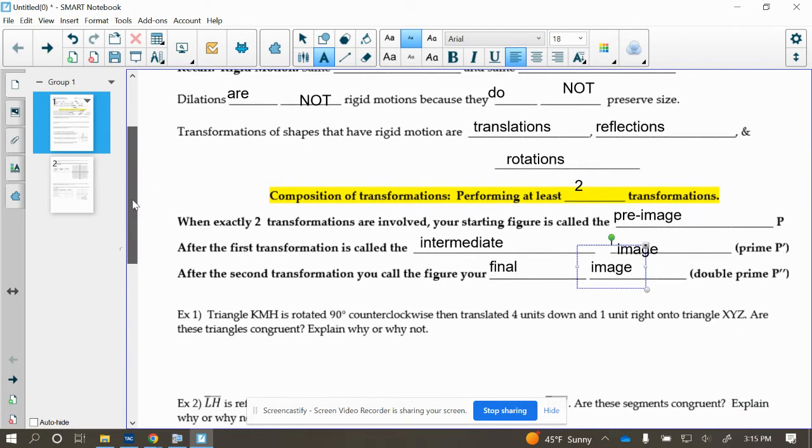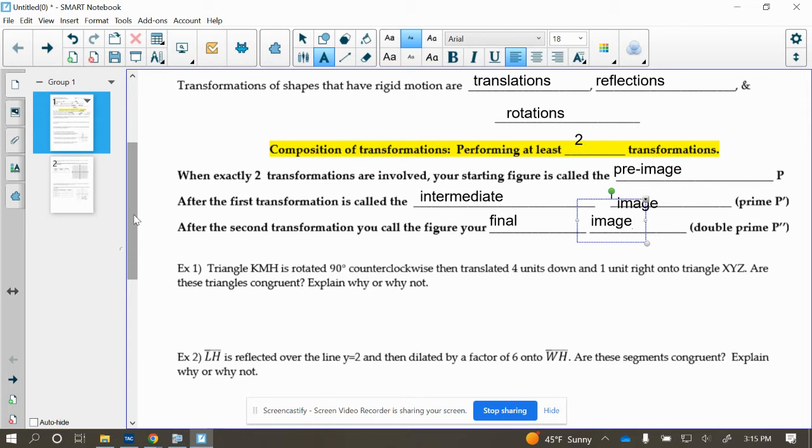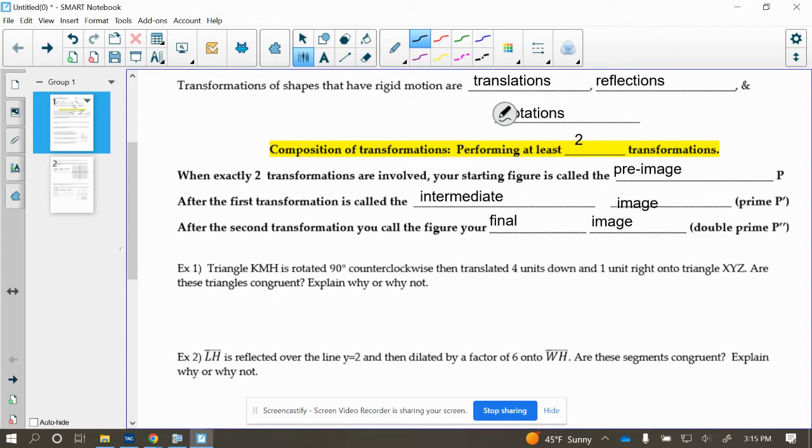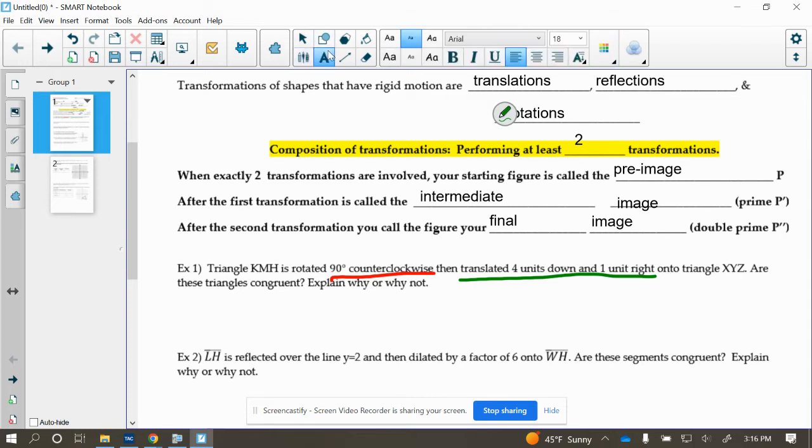Now, as we've talked about before, if we are combining multiple rigid transformations, that also means that our overall shape is still going to be a rigid motion. So if we look at this next example and we say, okay, we are doing a 90-degree clockwise rotation and then a translation, will we have any change to the shape of our figure, in this case, these triangles? The answer here is no. Okay, we're not going to have any change.